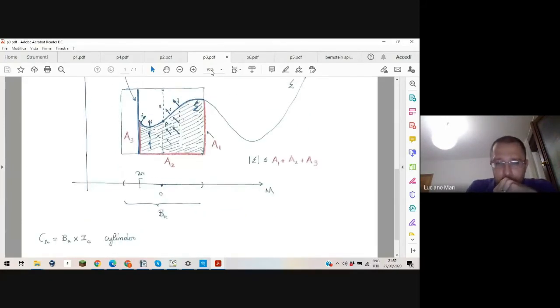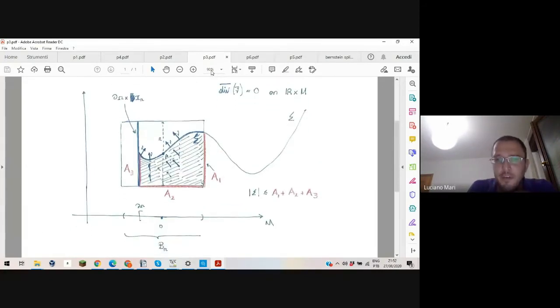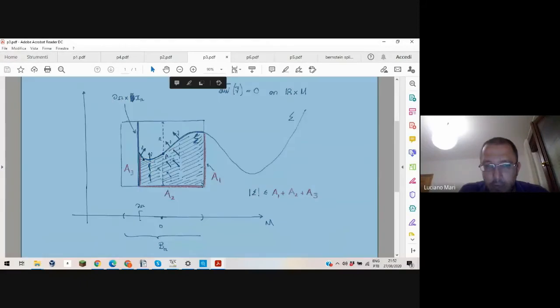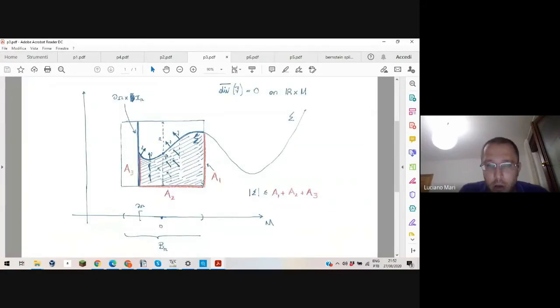What does a calibration method mean? We have the graph sigma. We take a point which is an origin in M and a point P on the graph. We want to estimate the portion of sigma inside of a geodesic ball in the graph of radius r. Well, this is controlled by the portion of sigma inside a cylinder.